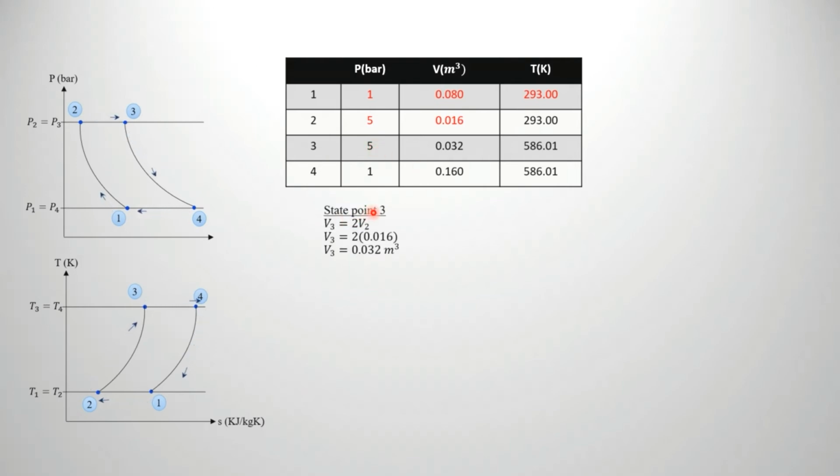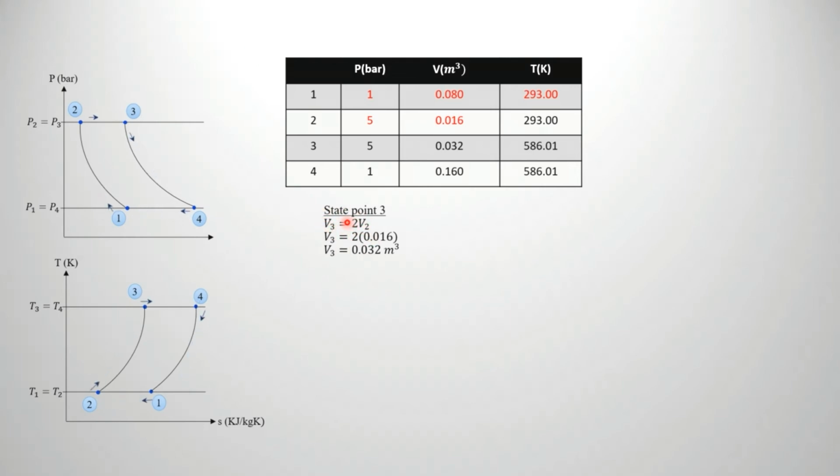In the question they have said V3 over V2 equals 2. During the constant pressure, heat addition process, the volume is doubled. So V3 equals 2V2, given in the question.